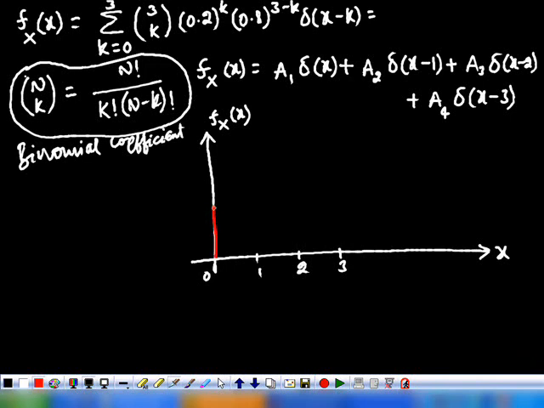Therefore, draw an impulse whose strength is A1. Next value A2, and A3. 0.3, so less than the A1 value. First one is A1, second one is 0.3, somewhere here.